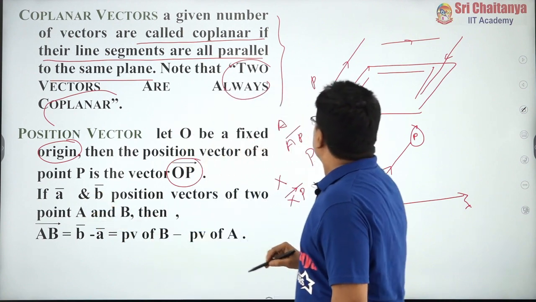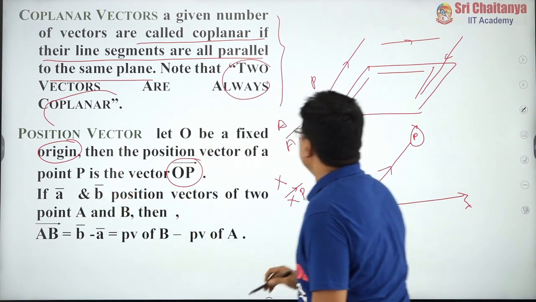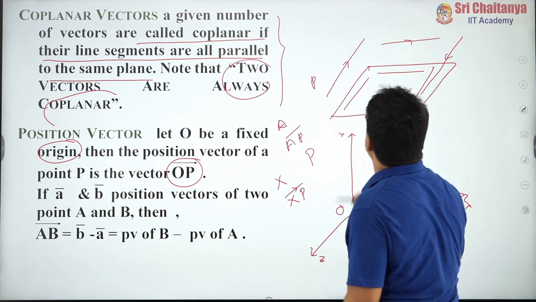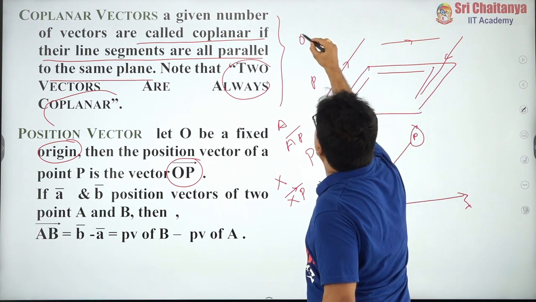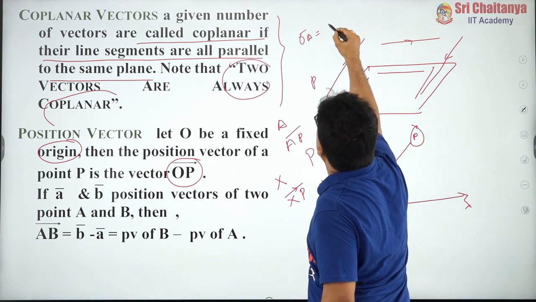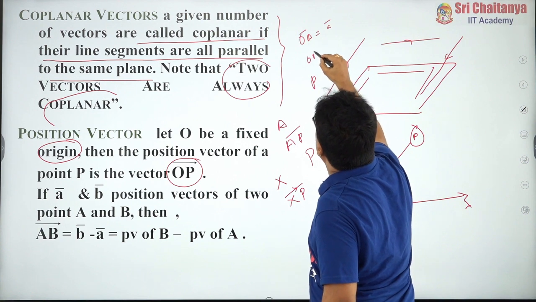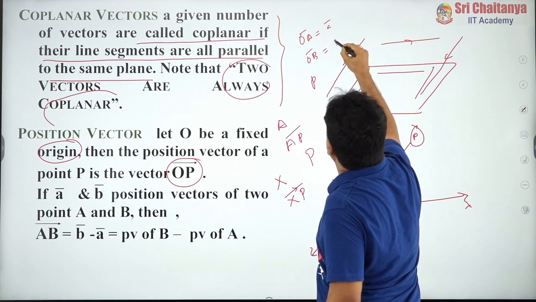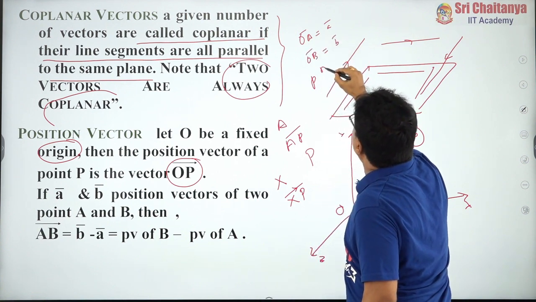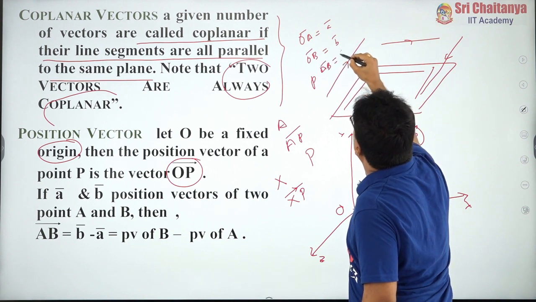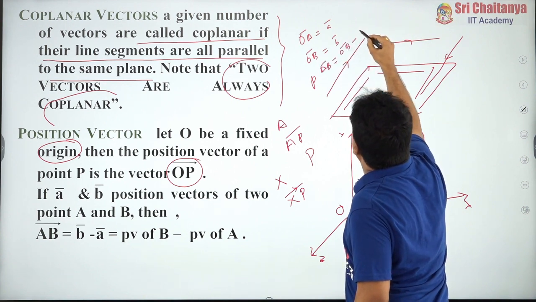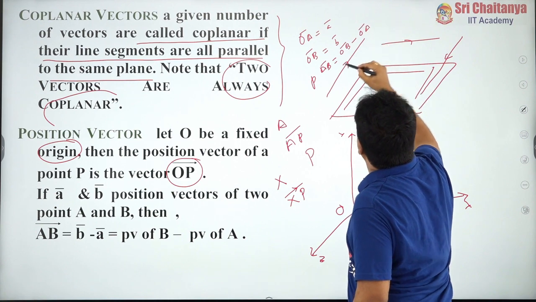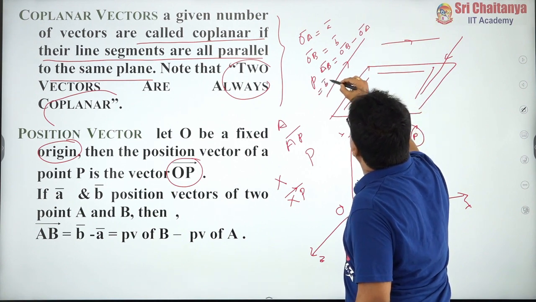Suppose A bar and B bar are position vectors of two points A and B, that means OA bar equal to A bar and OB bar equal to B bar. Then vector AB bar is equal to OB bar minus OA bar, which is nothing but B bar minus A bar.